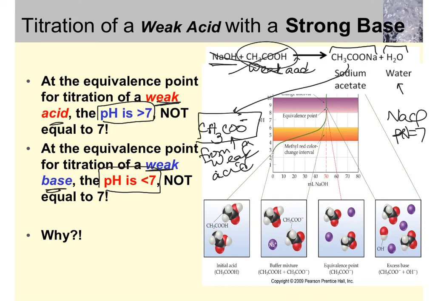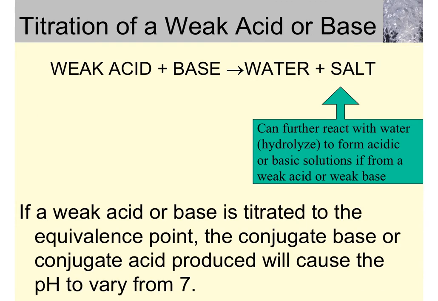All right, so this little bugger, the acetate ion, is what makes the pH greater than 7 at the equivalence point when titrating a weak acid. And this is just another way of saying the same thing. It is the salt, which is also the conjugate base from a weak acid, that causes the pH to be greater than 7.